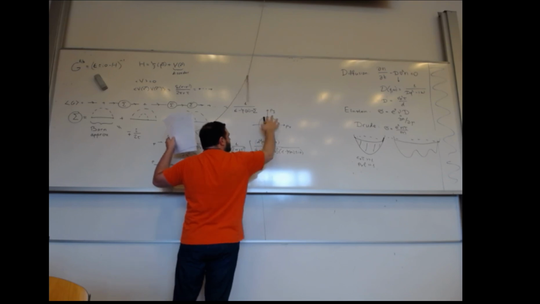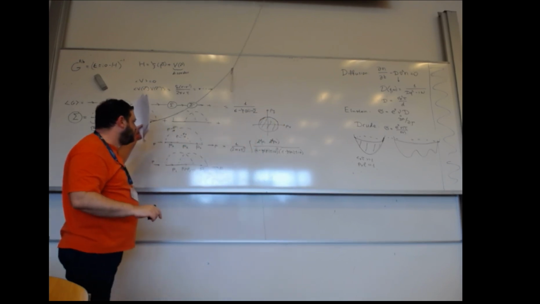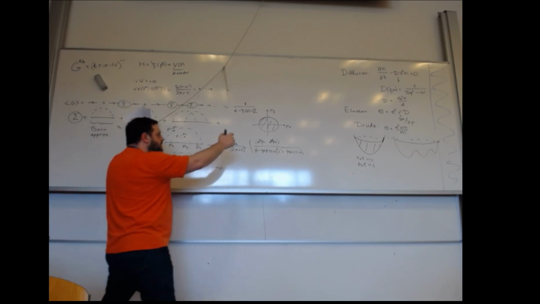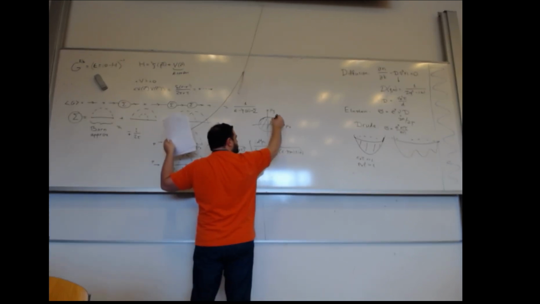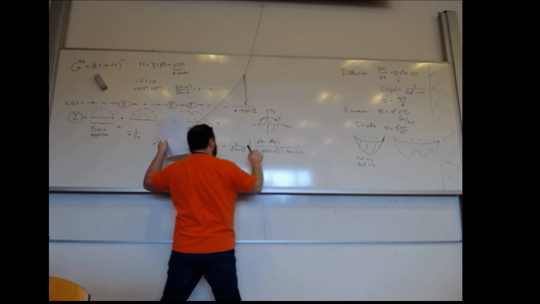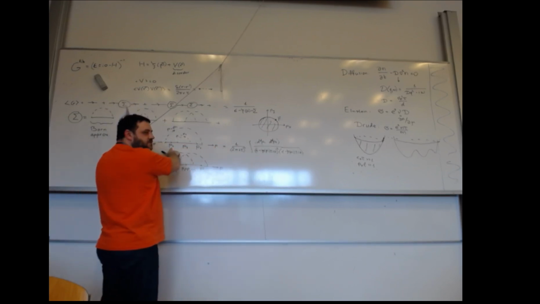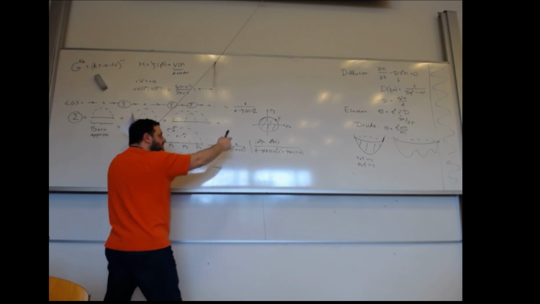And you have all the states with small momentum, up to this sort of sphere. And P is the momentum of the external particle somewhere at the Fermi surface. This is P.